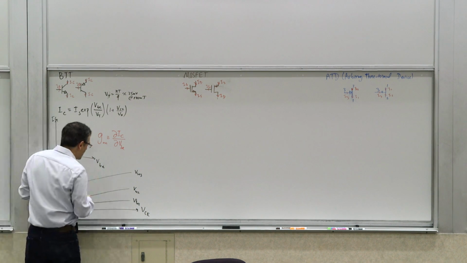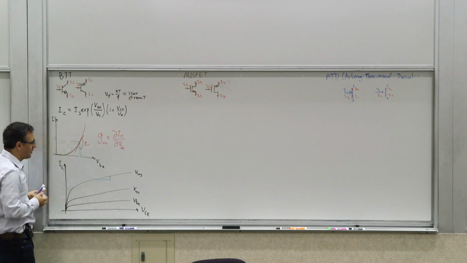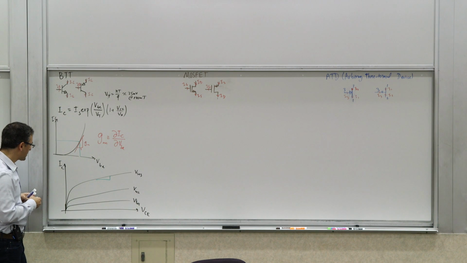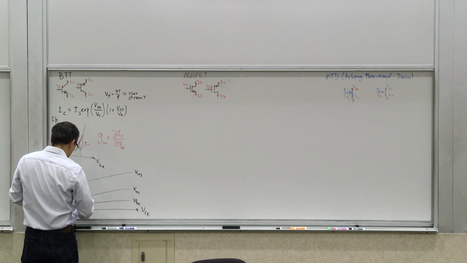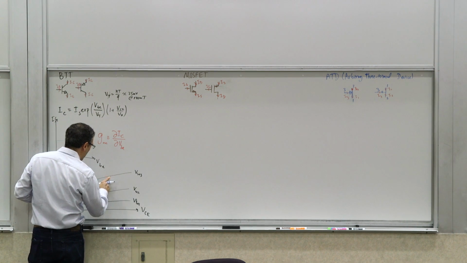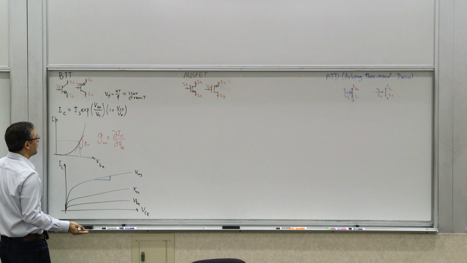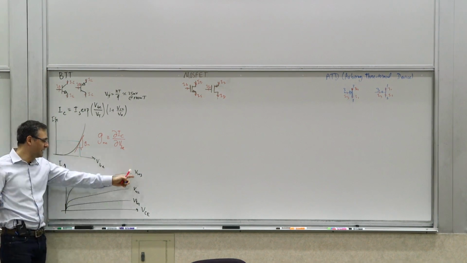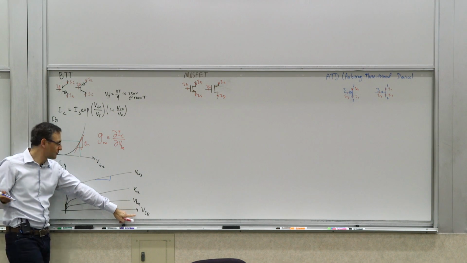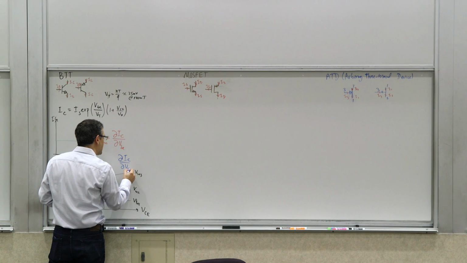Now, here you have these slopes. And what are these slopes? If I ask you, what is this slope, what would you say? These slopes are really, at any operation point, measures of what? I mean, how do you define the slope? Right? It's dIC to dVCE.